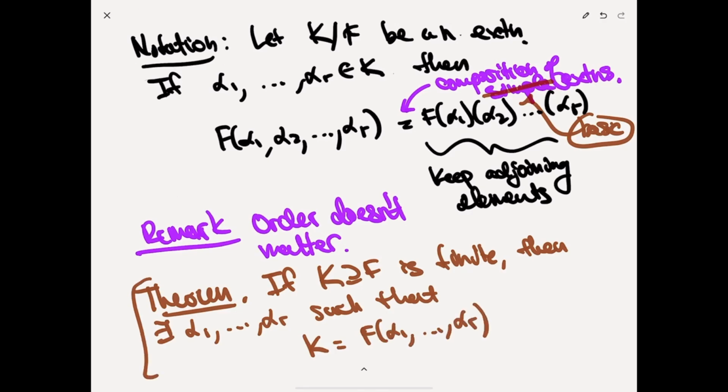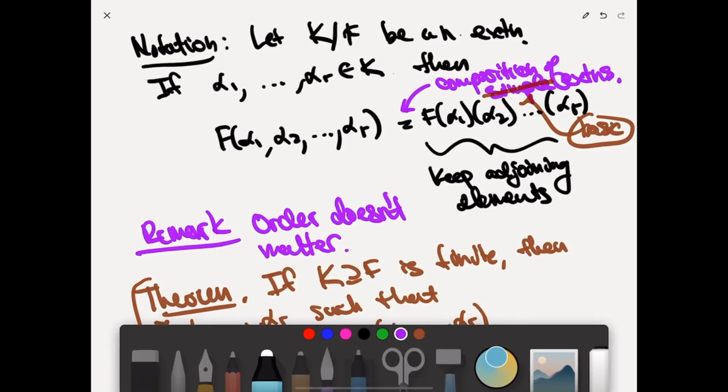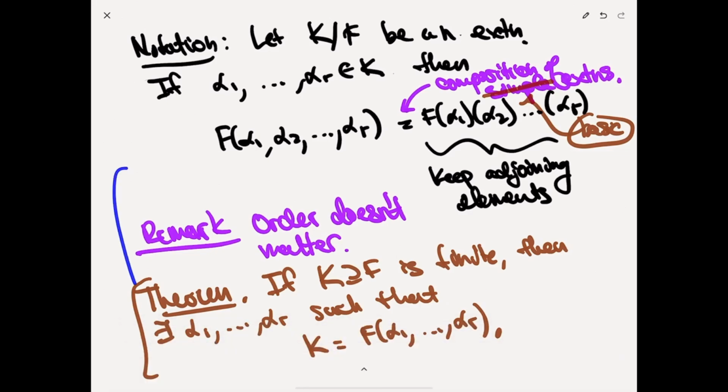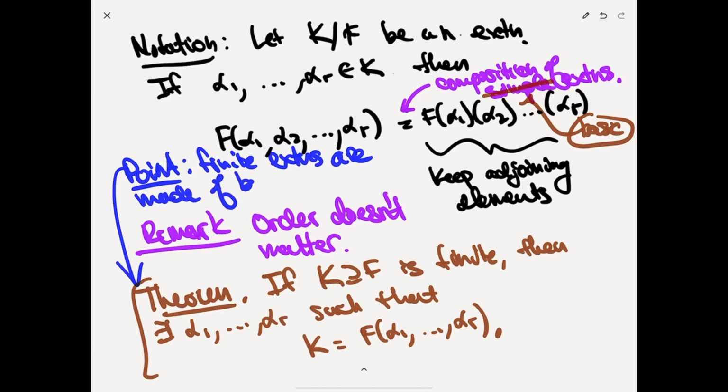So every finite extension is really made up of a bunch of basic extensions. The point is that finite extensions are made of basic ones. All right, so let's do the proof.